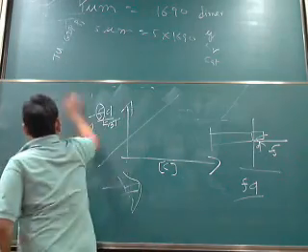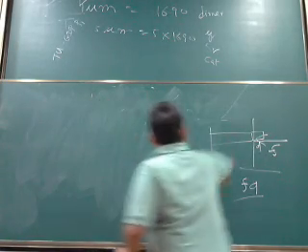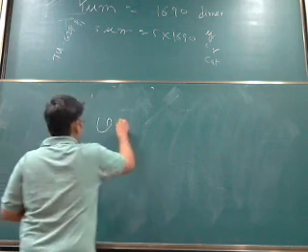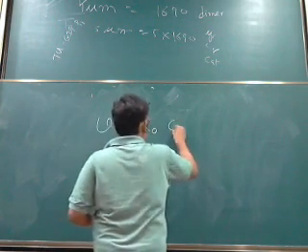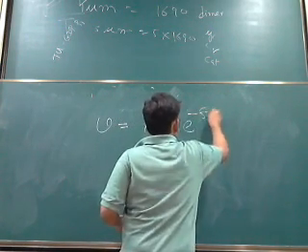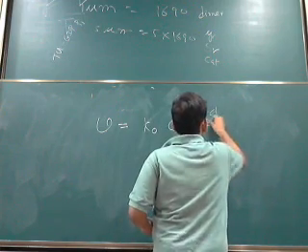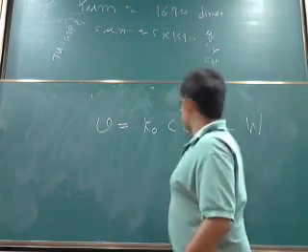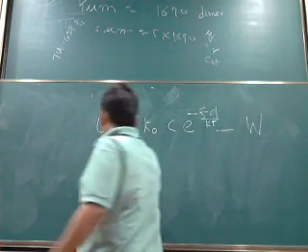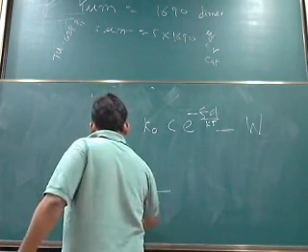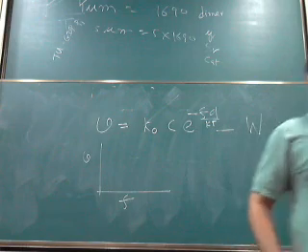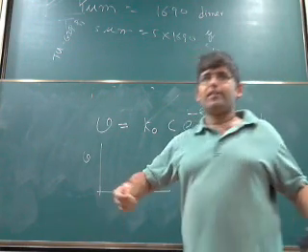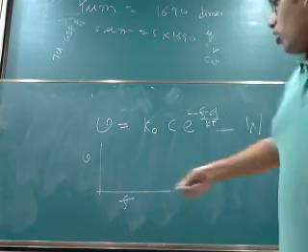V is K0C e power minus Fd by kT minus w. This is our growth velocity, and now it depends on the force. So people plot velocity versus force. This is called the force-velocity relation, and it is a standard thing that is measured both in polymerization and even for motor motion.